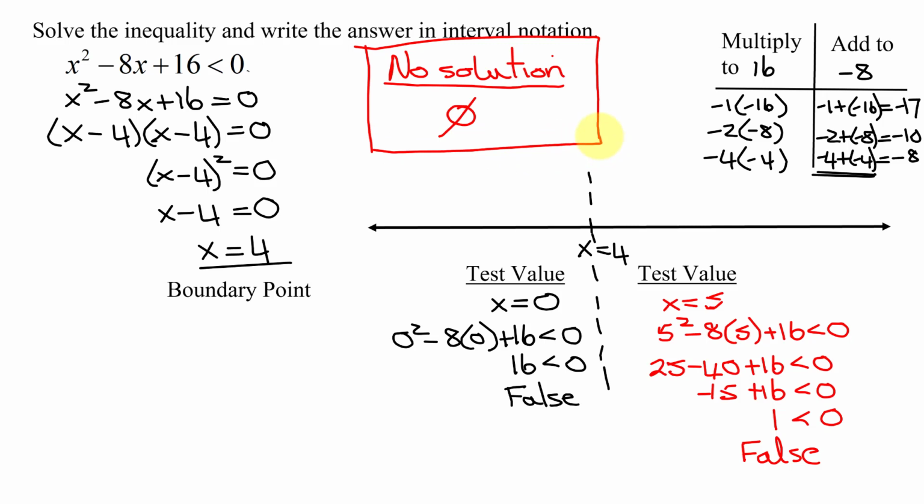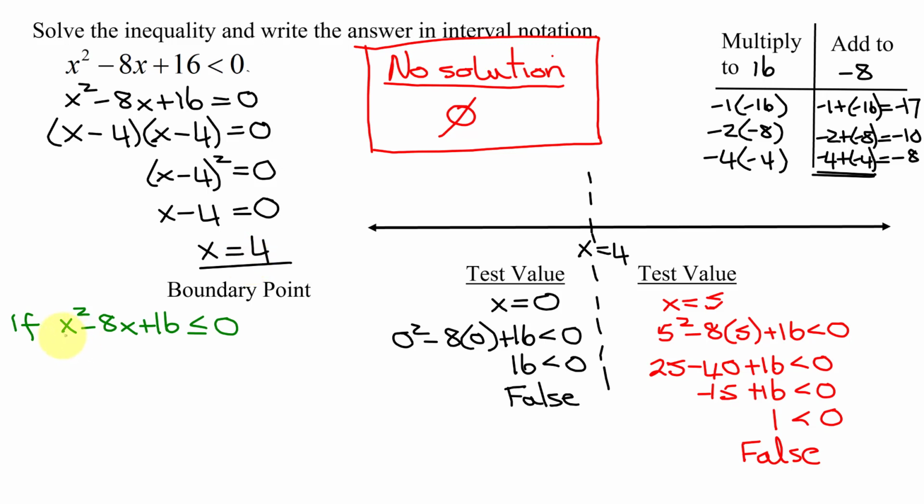But before I go, I want to point out one other thing. What would happen if the problem had been x squared minus 8x plus 16 is less than or equal to 0? My boundary points would have been the same. I would have tested intervals the same. The only thing that would be different is the boundary point would be part of the solution set.